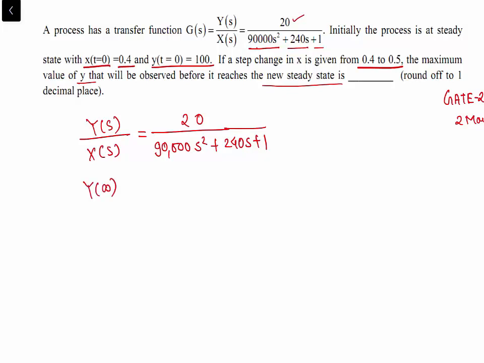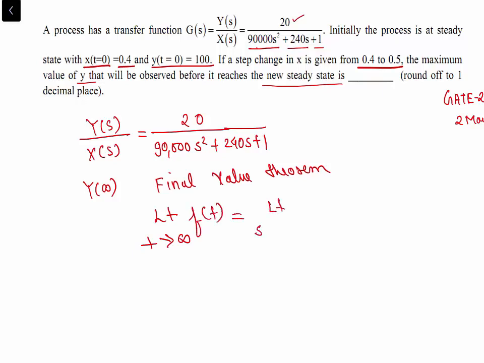So basically here we have to apply the final value theorem for calculating the y of infinity. So it is limit t moving towards infinity f of t, any function, it is equals to limit s tending towards 0 s into Y(s).